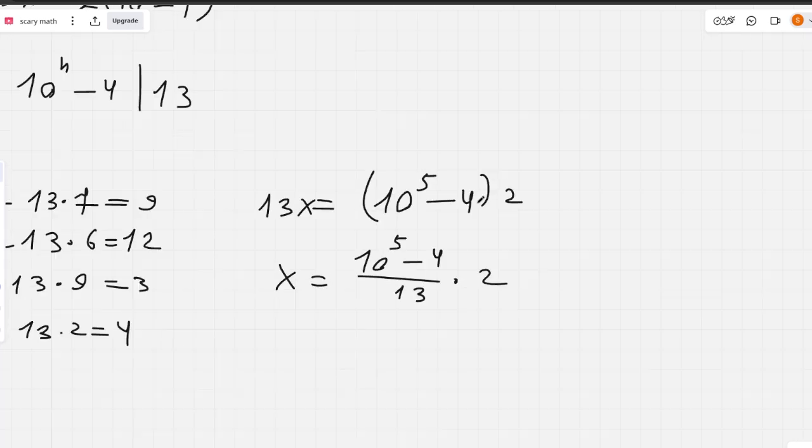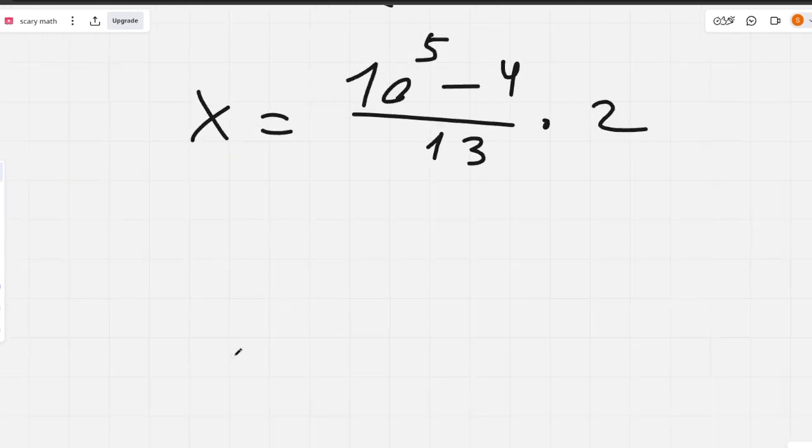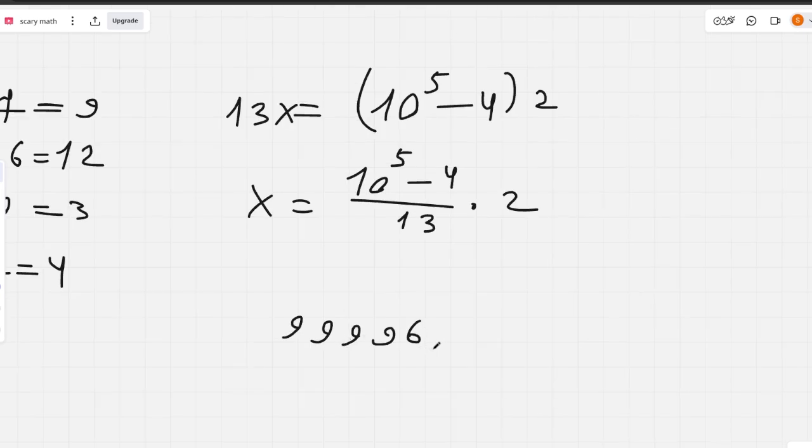Now again, it's a multiple of 13, but we don't know what kind of multiple it is, so we still need to calculate this. So we have 99996, okay. Divided by 13.